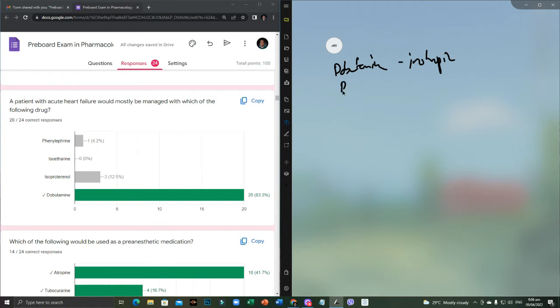And then we have dopamine, which is a vasopressor, which causes vasoconstriction. Inotropic increases the force of heart contraction. Both are ideal for patients with heart failure. In heart failure, the patient's heartbeat is weakening. Obviously, you'll be giving dobutamine.